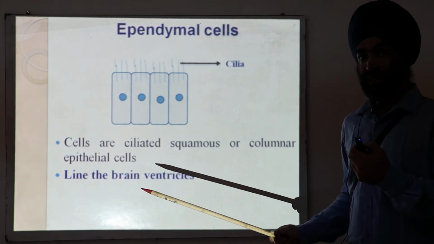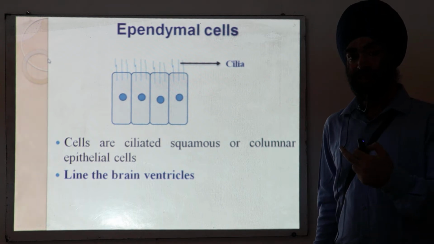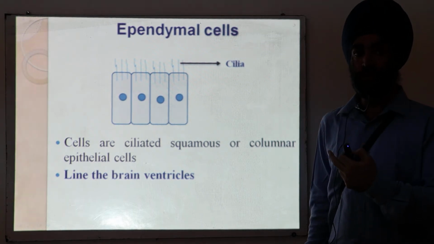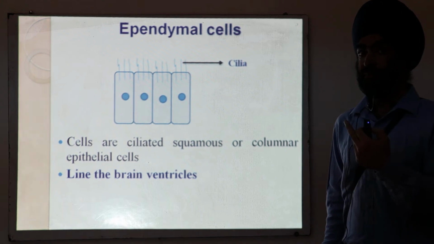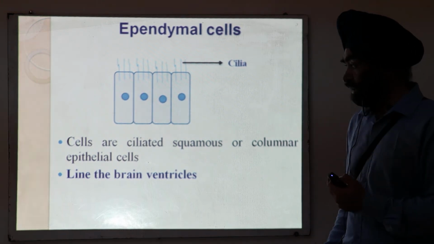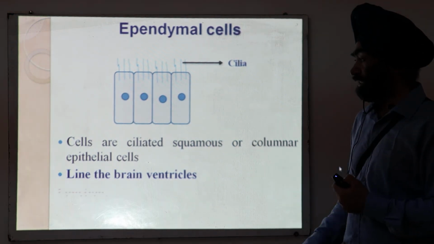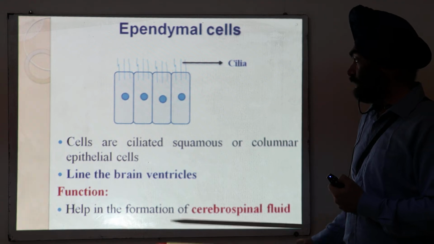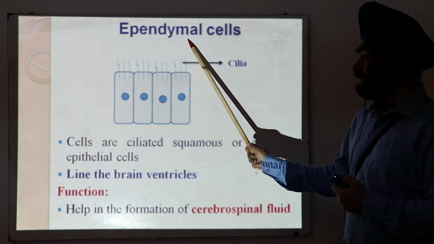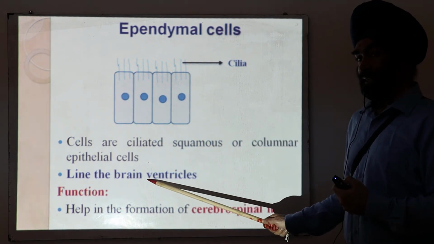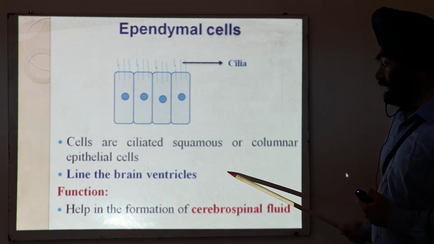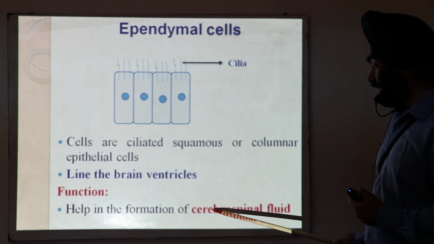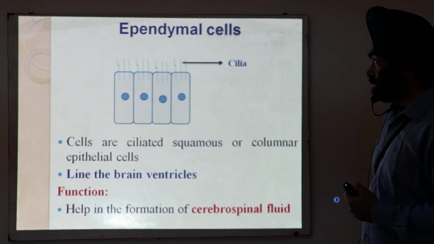The ventricles are present, and their function is to form the cerebrospinal fluid. So the internal lining of the brain ventricles is made by the ependymal cells, and they help in the formation of an important fluid in the CNS, which is called cerebrospinal fluid.